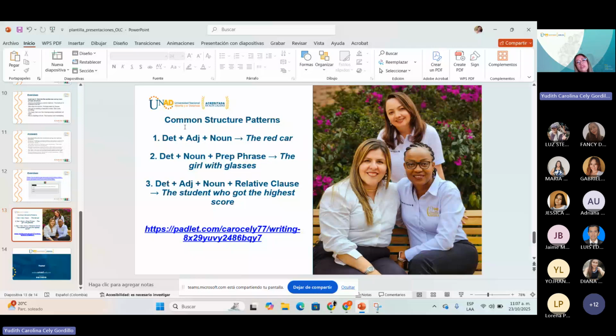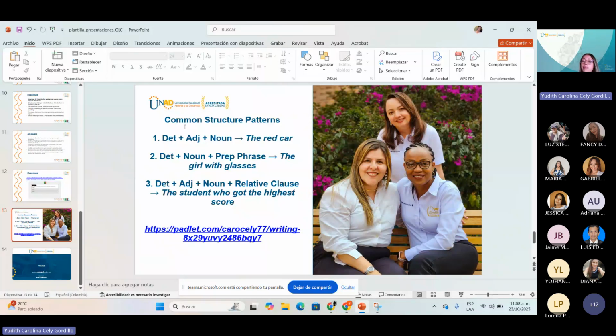And using the second, determiner, noun, prepositional phrase. For example, the girl with glasses. For example, the man has a beautiful t-shirt, for example, yeah.